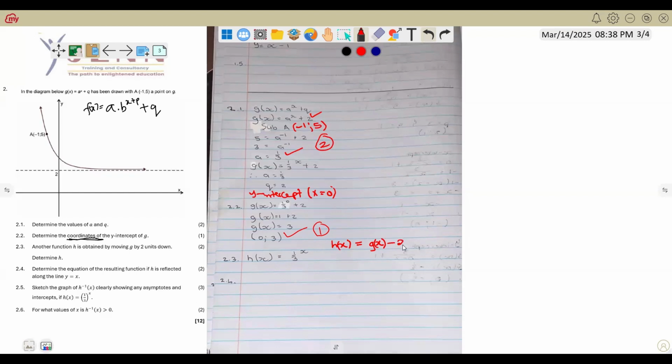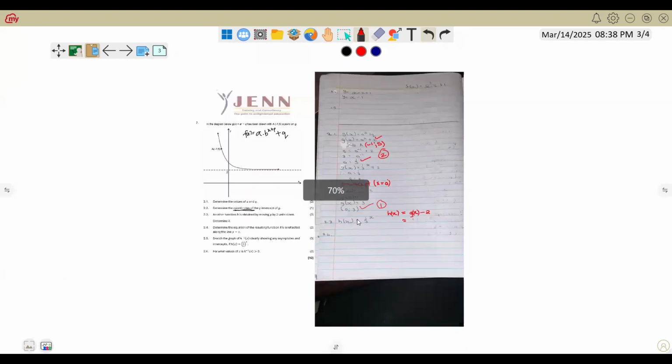Minus 2 to the entire function, and you have your g(x) there, which is 3 times (1/3) to the power of x.